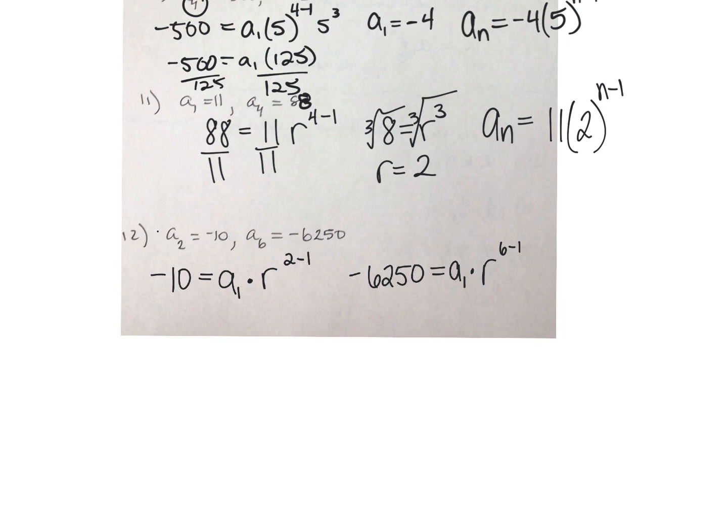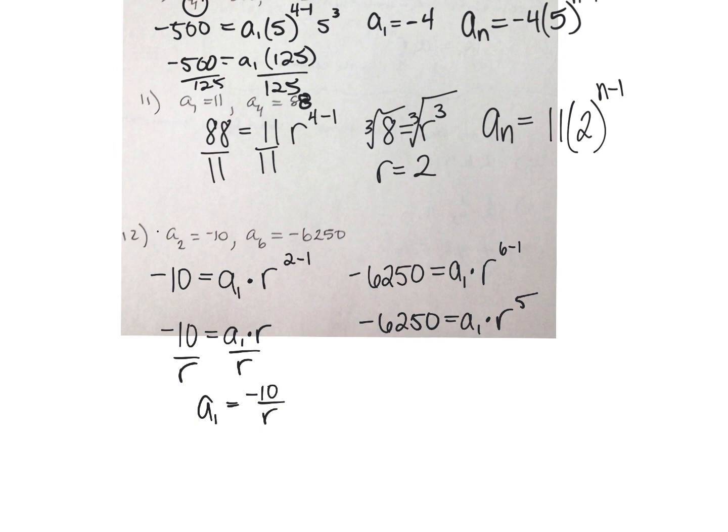I have two variables, but I have two equations. So could this be negative 10 equals a1 times r? And this could be negative 6250 equals a1 times r to the 5th. Yes? I just simplified my exponent so far, right? Now I'm going to solve. We're going to use the substitution method. And I'm going to solve for a1, so I'm going to divide by r. So a1 equals negative 10 divided by r.